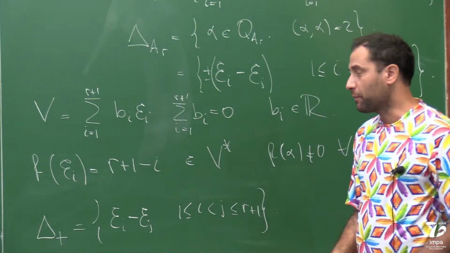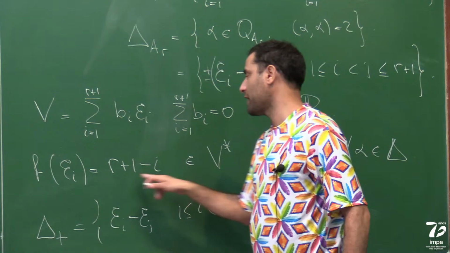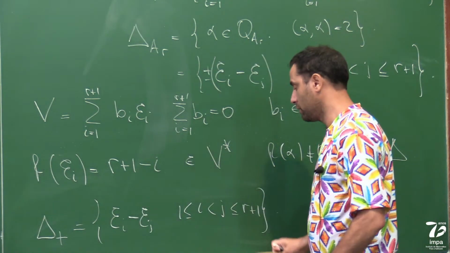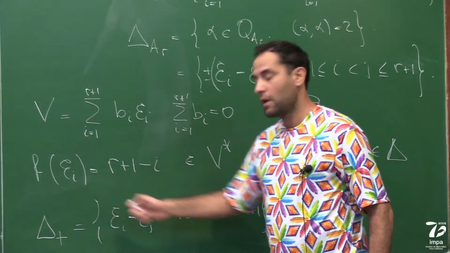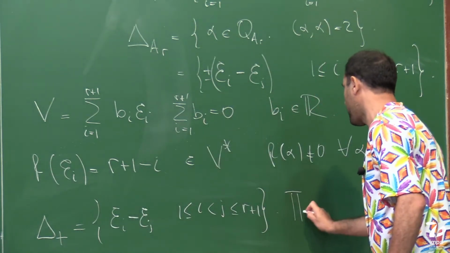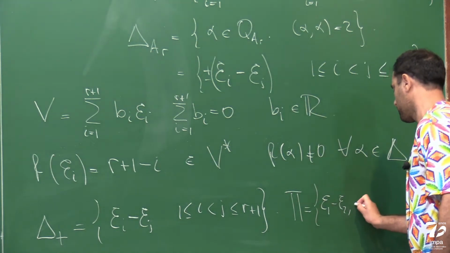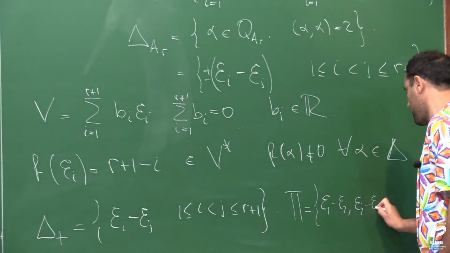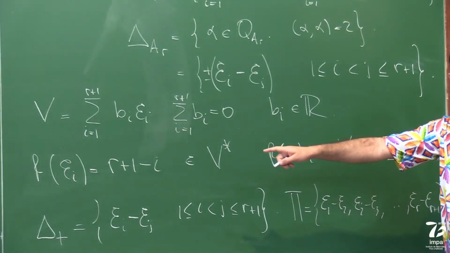Now the simple ones. Well, we notice that f takes integer values, and it's never 0 on roots. So the minimum possible value that f can take is 1. And we know that f takes value 1 on the following roots: epsilon_1 minus epsilon_2, epsilon_2 minus epsilon_3, and so forth, up to the last one, which is epsilon_r minus epsilon_{r+1}. f on these is 1, which is the minimum possible value for such an f which takes integer values.